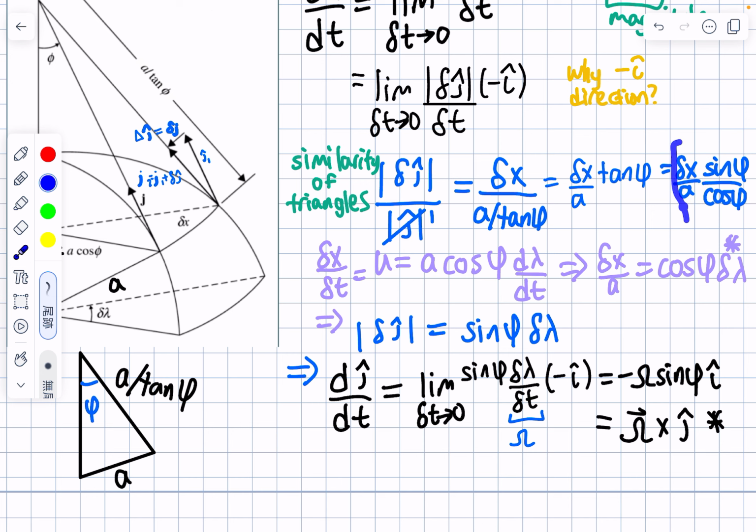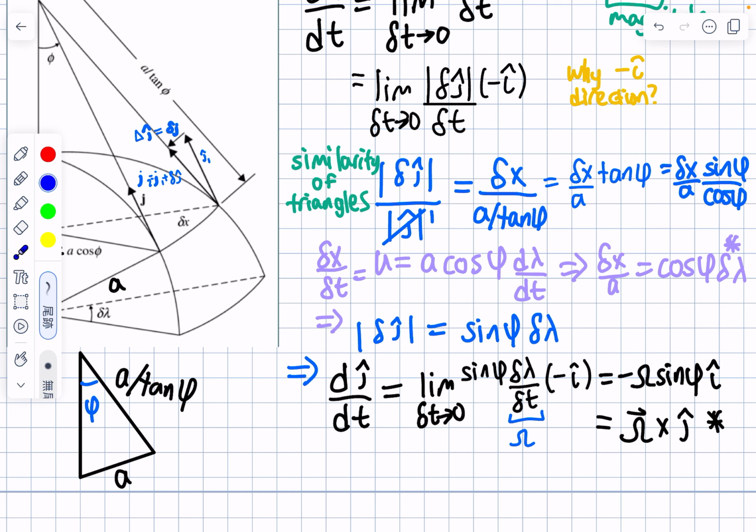And now we need to deal with this delta x over a term. So we know that delta x over delta t is equal to u, the x velocity. We use u for x velocity. And there is a rule dealing with spherical coordinates that says delta x over delta t is equal to the radius times cosine phi times d lambda over dt.